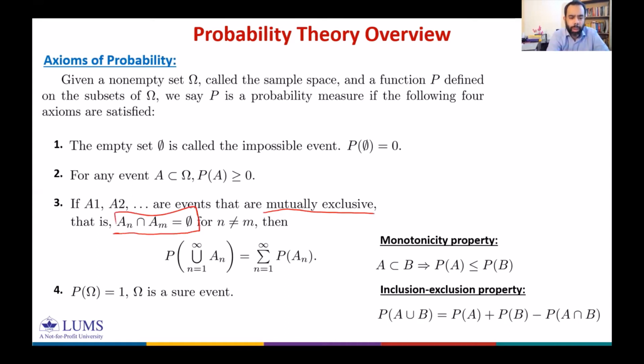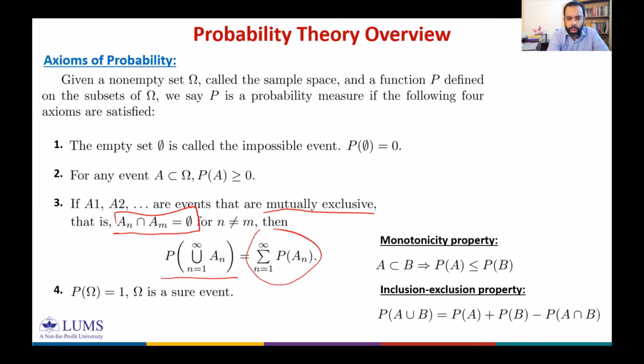Then the probability of the union of such events, event A1 or event A2 or event A3 and so on, is equivalent to the sum of the probabilities of A1, A2 and A3. Since they are mutually exclusive, we have the total probability as the sum of the individual probabilities of the events. And finally, we note that the probability of the sample space is equal to 1, or in other words, the sample space is a sure event.